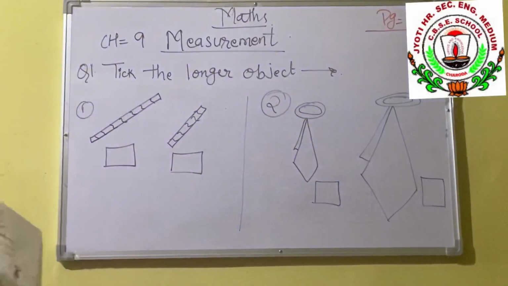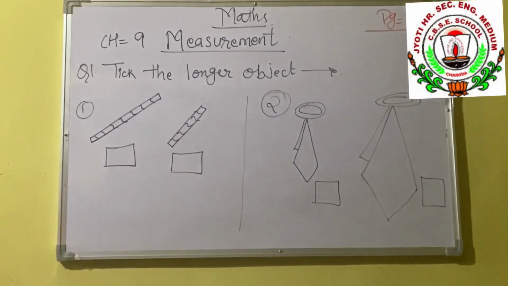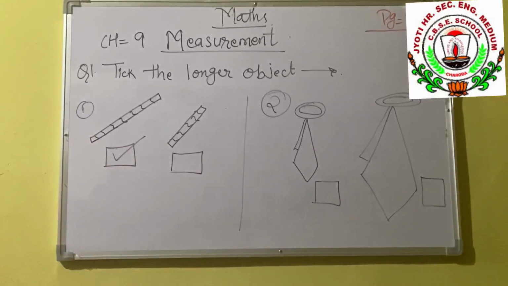Two questions I have taken over here. First one is a rod is given over there. You have to take a longer one. So children, which one is longer one over here? Can you tell me? Yes, this one is longer. So you have to take this.